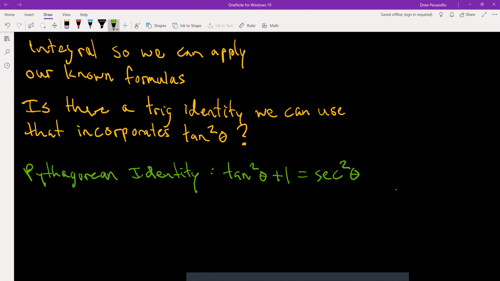Why am I using that trig identity? Well, I can rewrite it so that it becomes secant squared, and we know we can integrate secant squared.